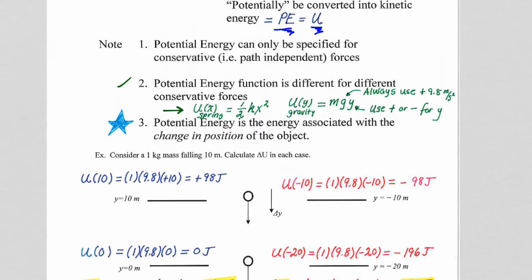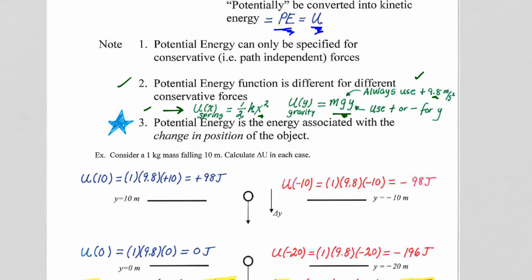The potential energy for gravity, mgy. Notice that the potential energy for a spring will always be positive because of the x squared. Potential energy for gravity will depend on the positive or negative that we're going to use when we plug in the y, and we will always use positive 9.8 for the g. So please make sure you get all of these annotations into your notes.